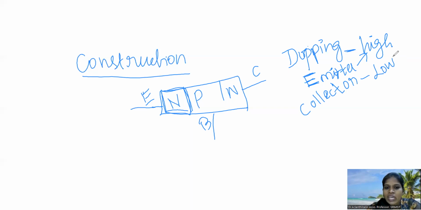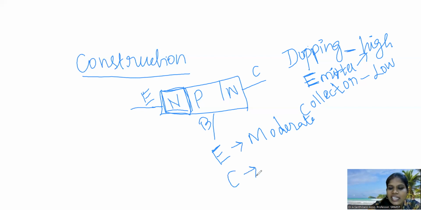Then we discuss the width of the emitter, base, and collector. The emitter has a moderate width. But the collector's width is very high.